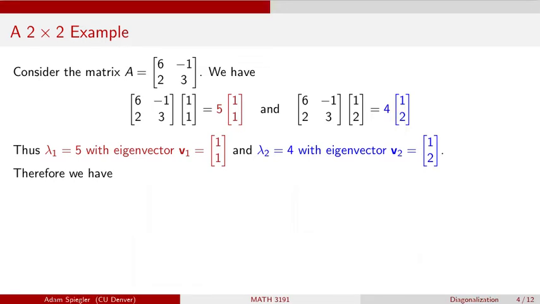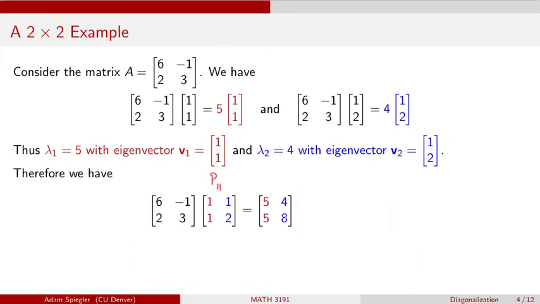So since we have two linearly independent eigenvectors for this 2 by 2 matrix A, I know that A is diagonalizable. And in addition, I also know what the matrix P should look like. This matrix P is going to have two columns in it.